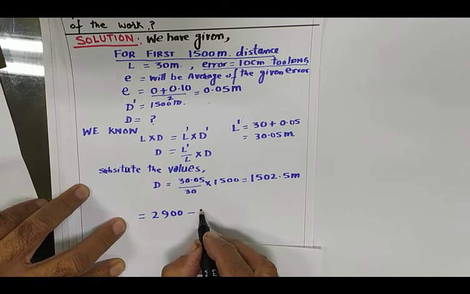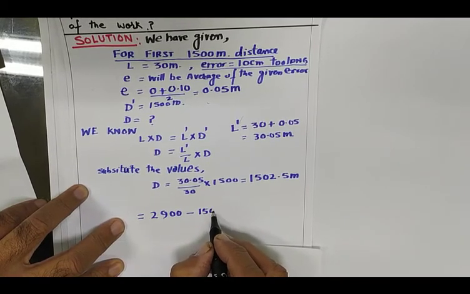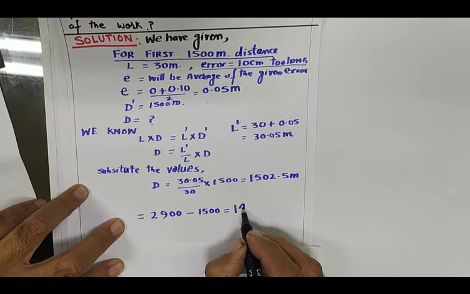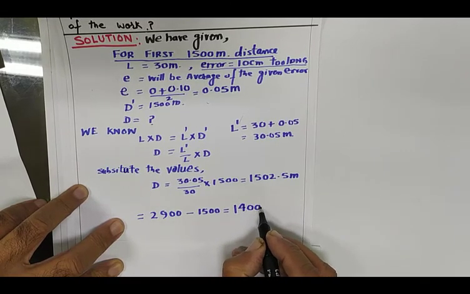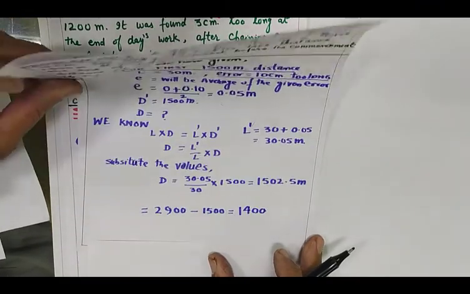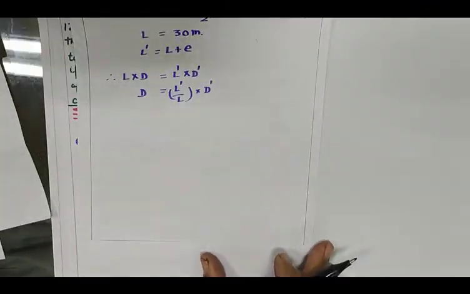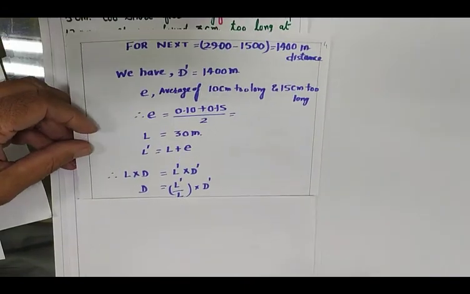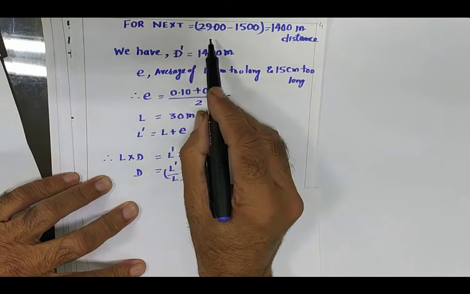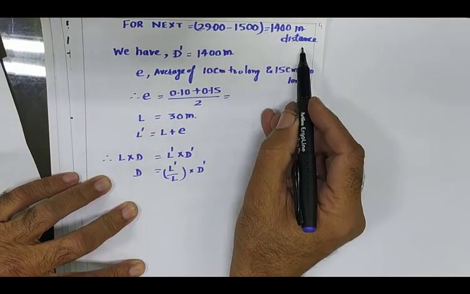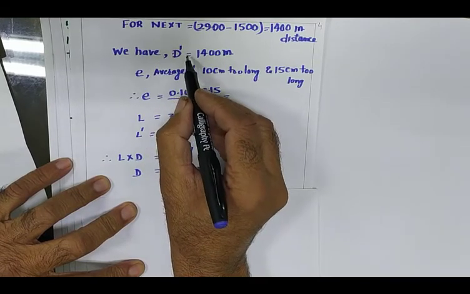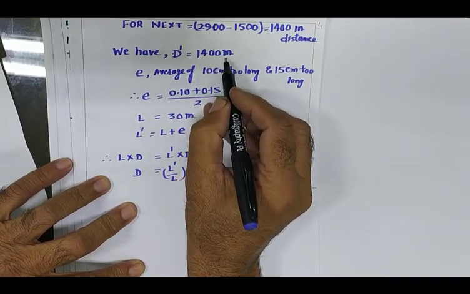We have measured 1500, so the remaining distance is equal to 1400 meters. For this, we will apply the second case. For the next distance that remained, that is 1400 meters, here again we have D dash as 1400 meters.